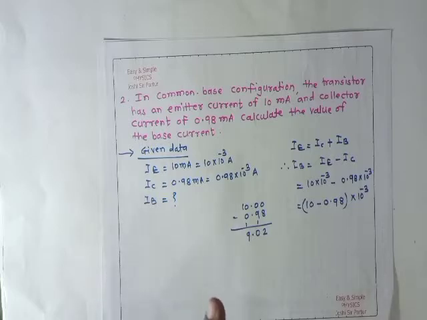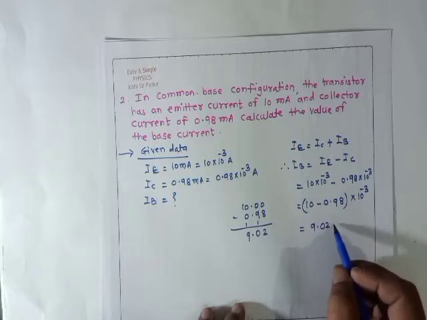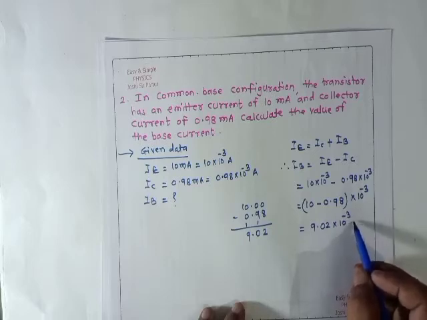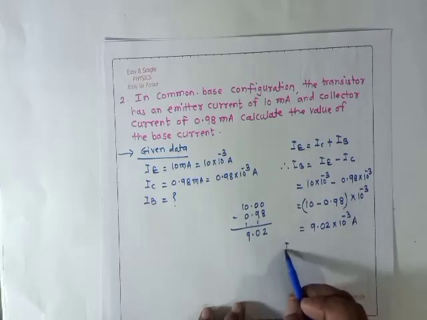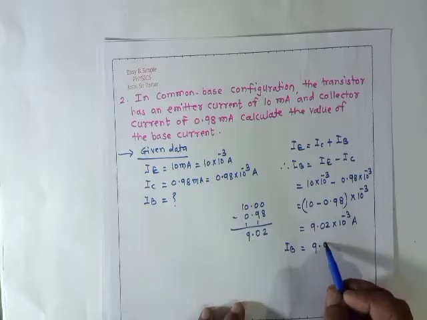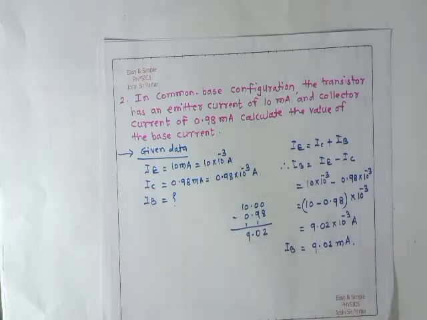That will be 9.02 into 10 to the power minus 3 ampere, and base current is equal to 9.02 milliampere.